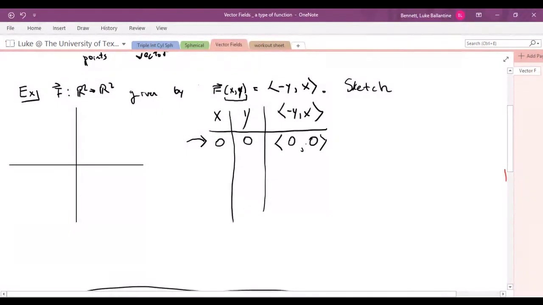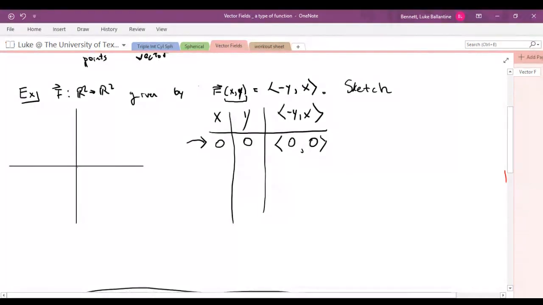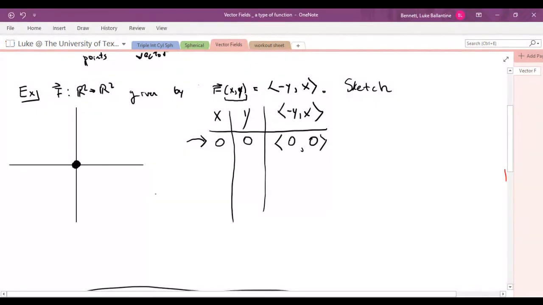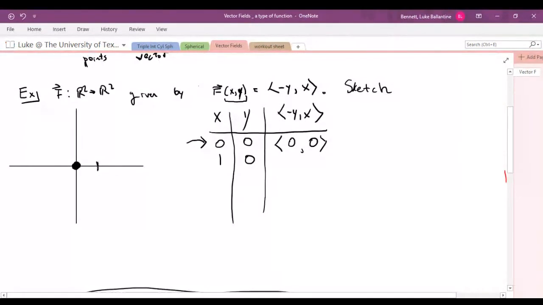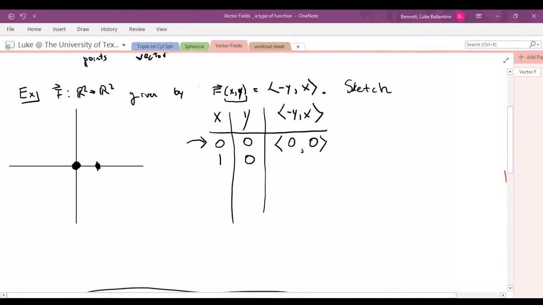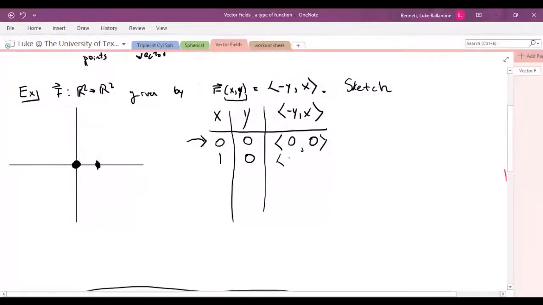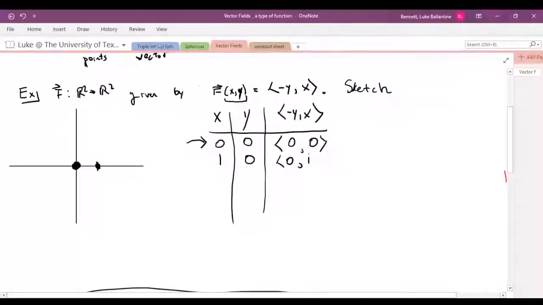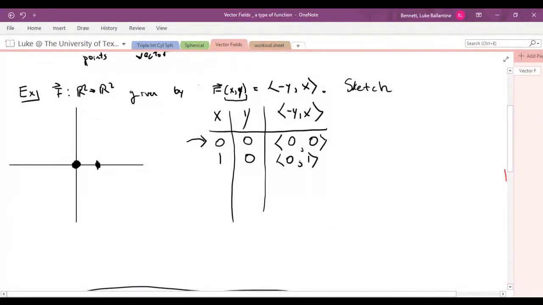So the point 0, 0, the origin, gets mapped to the 0 vector. Now, what if we have the point 1, 0? That is right here. Starting here, what is the vector? It's 0, 1, because negative 0 is still 0.